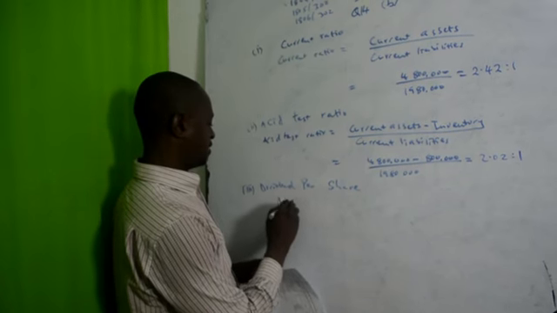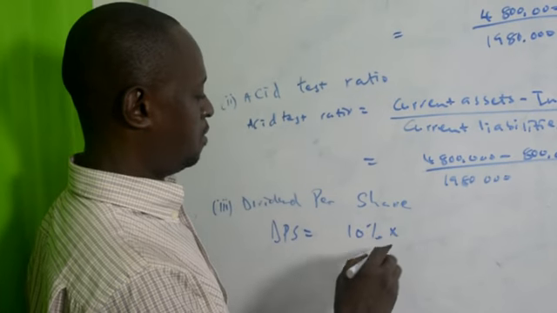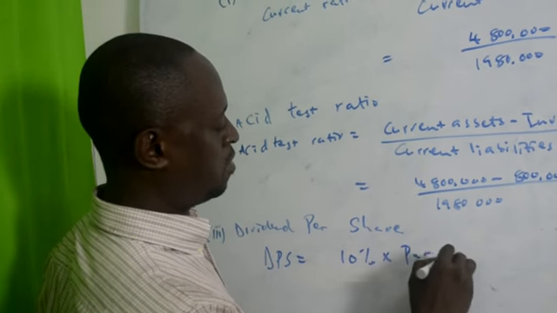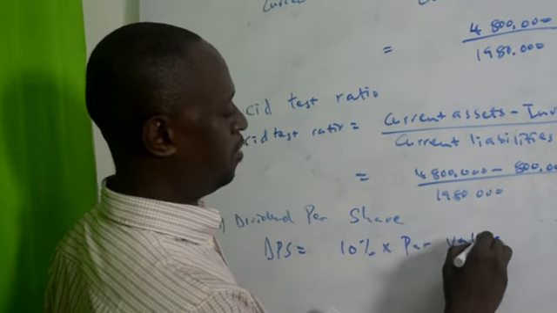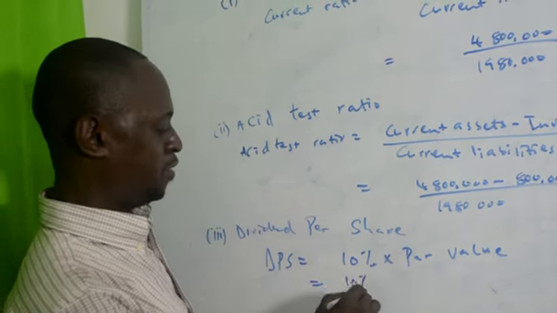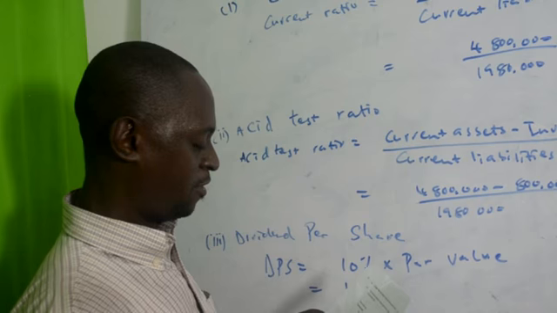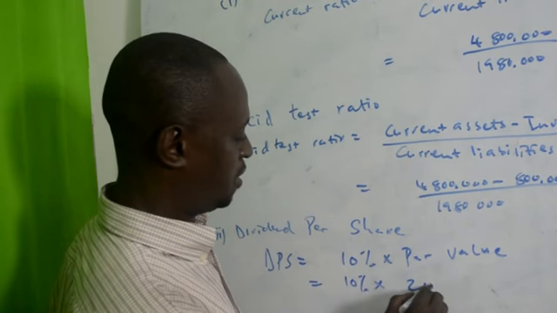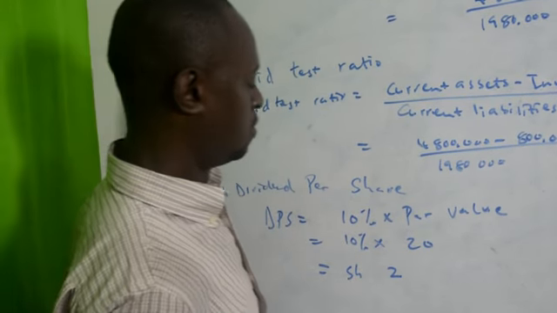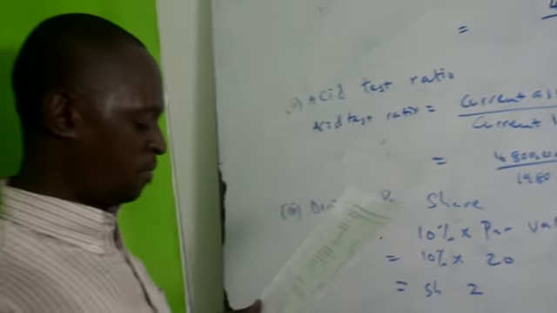So DPS will be 10% times the par value. The par value of these shares is shillings 20. So the DPS is shillings 2. The dividend per share is shillings 2.